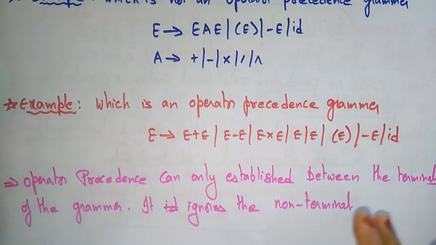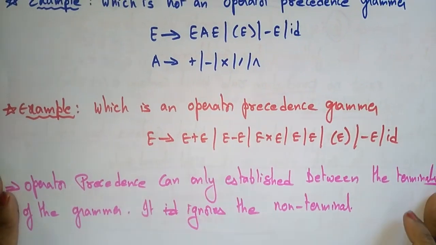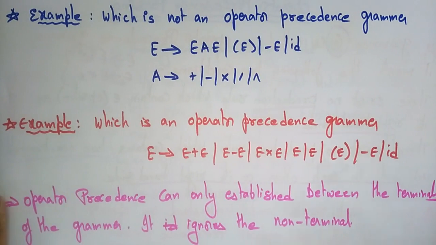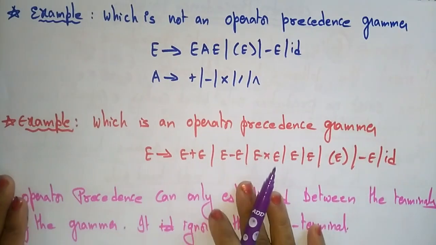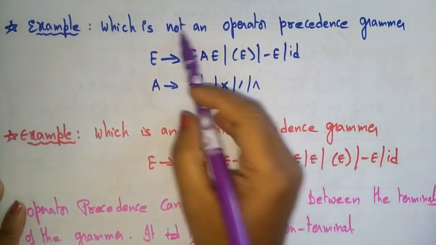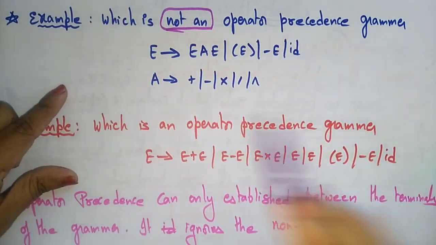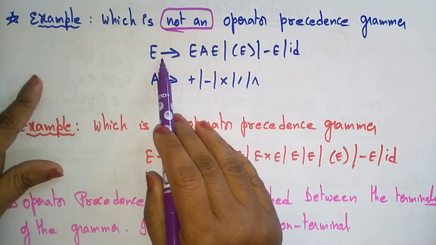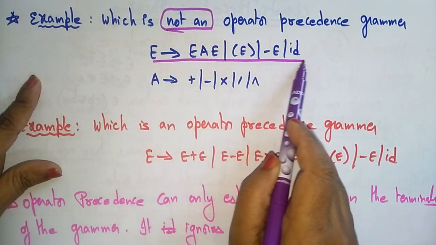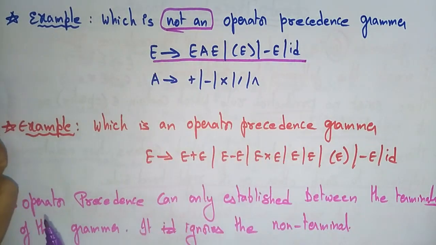Let's see which grammar is an operator precedence grammar and which is not, so that by seeing this example you get a clear idea of those two conditions. If the grammar is like this, we can say it is not an operator precedence grammar. Why?